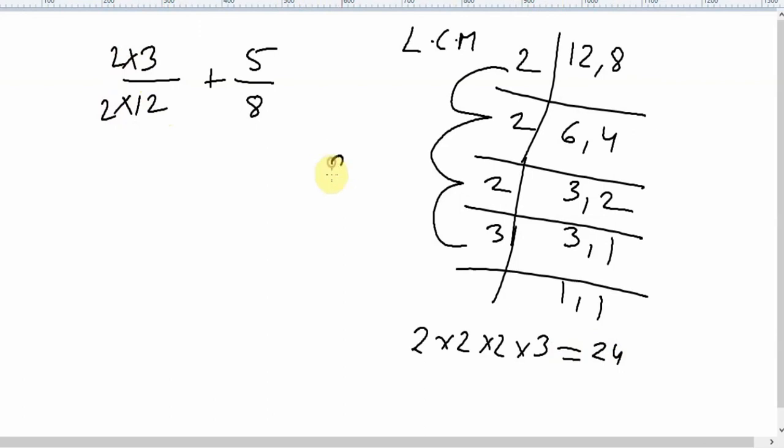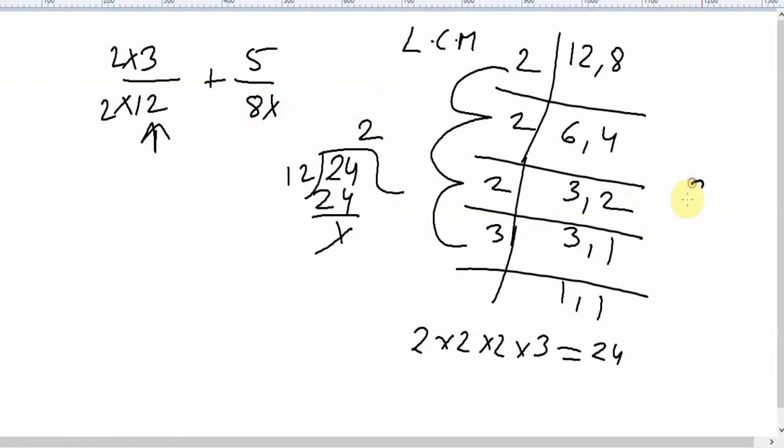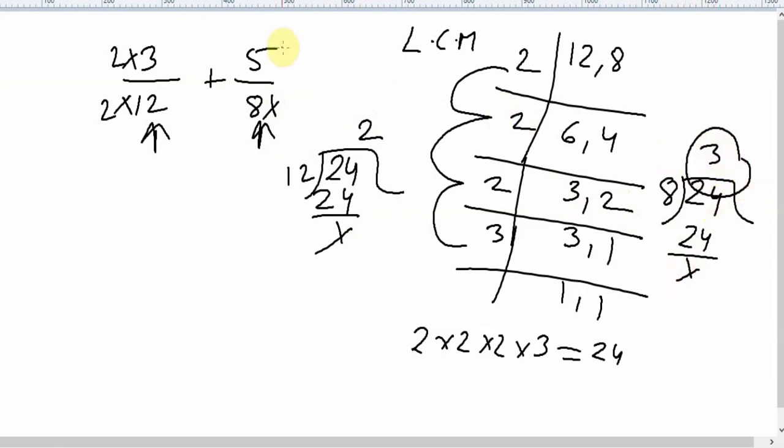Simple, divide this LCM by this number. By what number should 8 be multiplied to get 24? Divide 24 by 8. 8 times 3 is 24, that means 3 is the number. If you multiply this by 3, it will become 24.